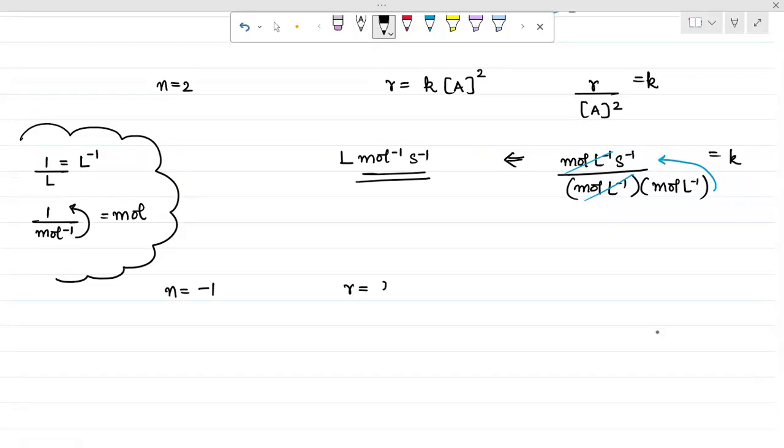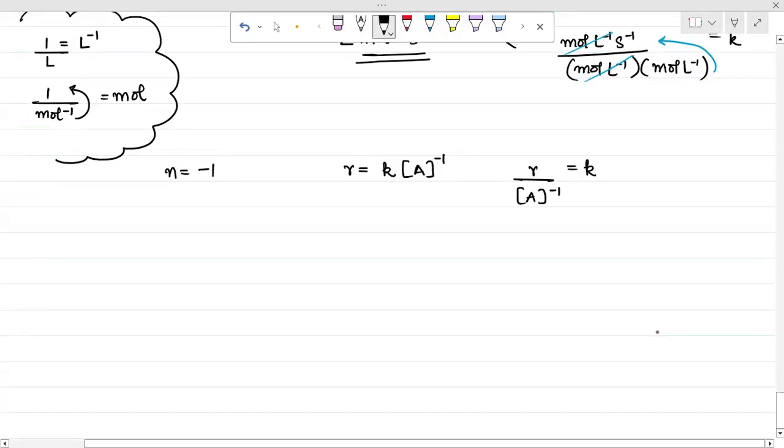We'll write R is equal to rate constant K into concentration of A to the power minus 1. If you rearrange this, K is equal to R by concentration raised to minus 1.